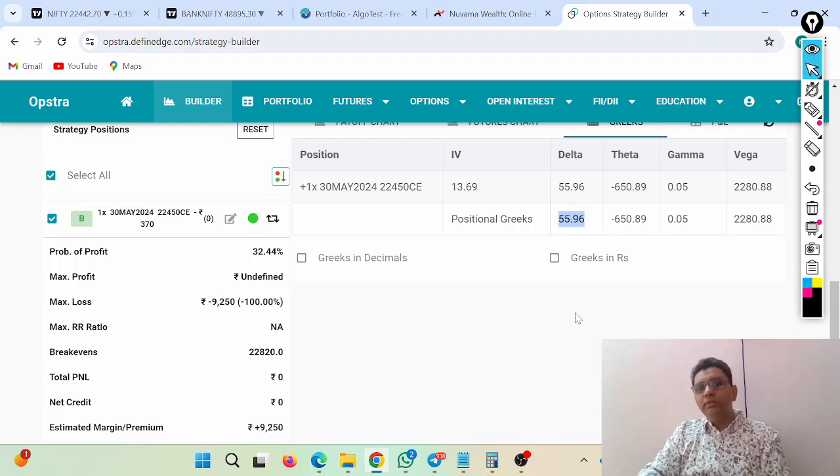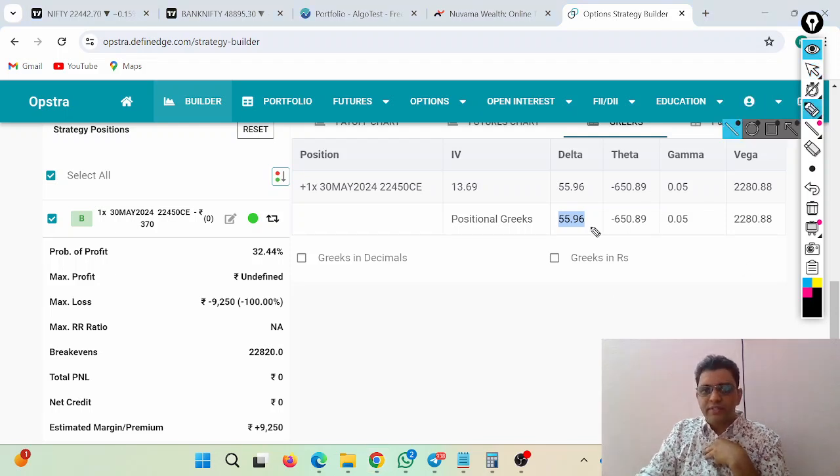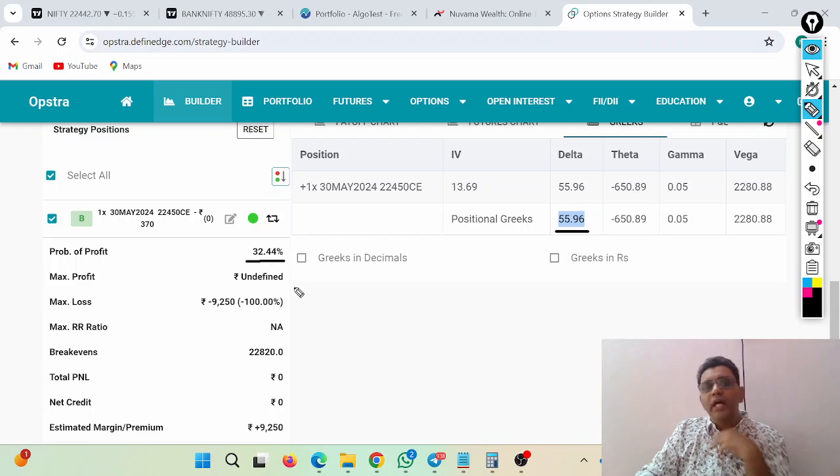You know what I said, my delta is 55.96, that means my winning probability is 55.96, right? But here the probability of profit is 32%. Why is the difference? The difference is because of this particular factor of 370.